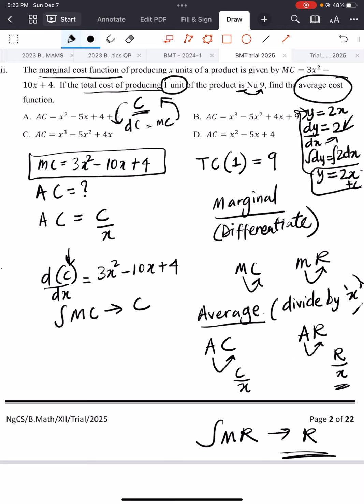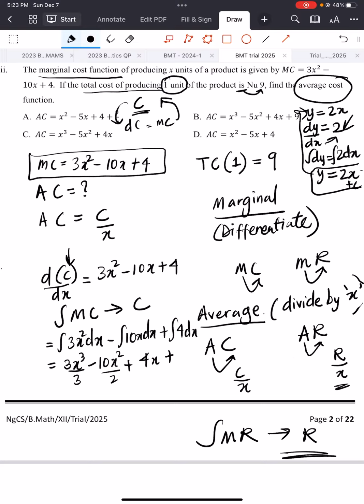So here let's integrate the marginal cost. Which means integration of 3x squared dx minus integration of 10x dx plus integration of 4 dx. This is equal to 3x cubed over 3 minus 10x squared over 2 plus 4x plus c.